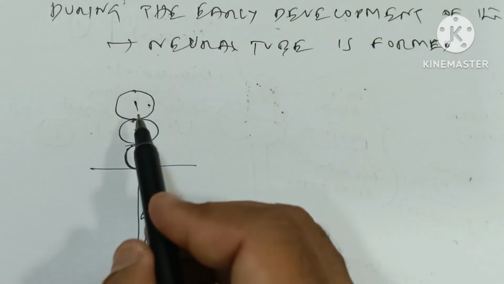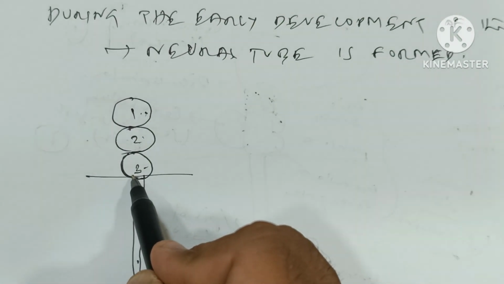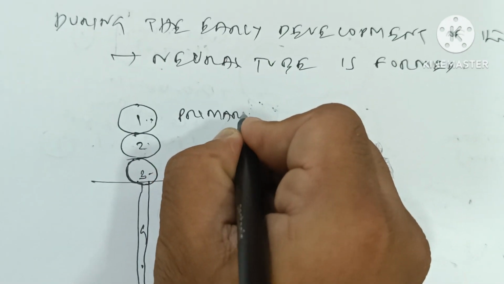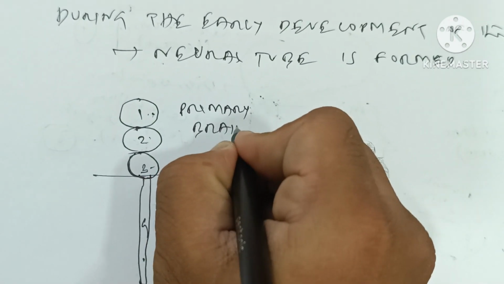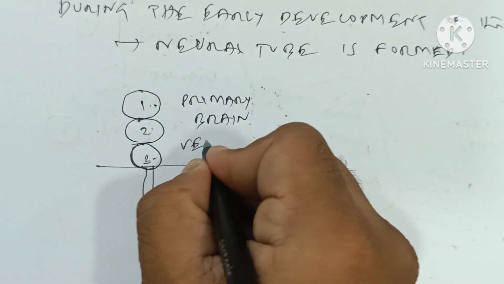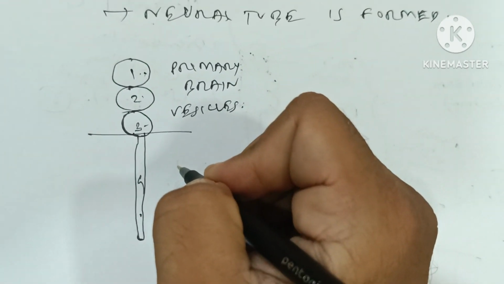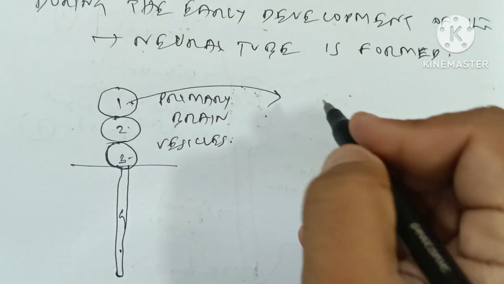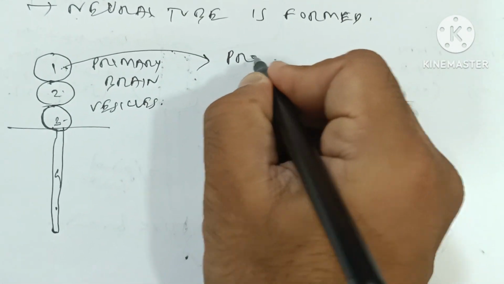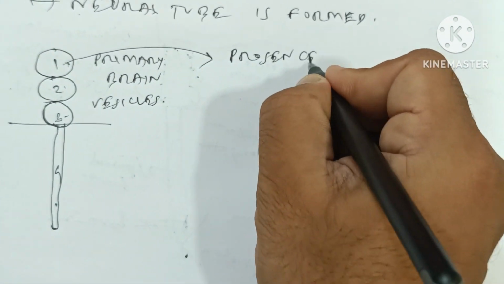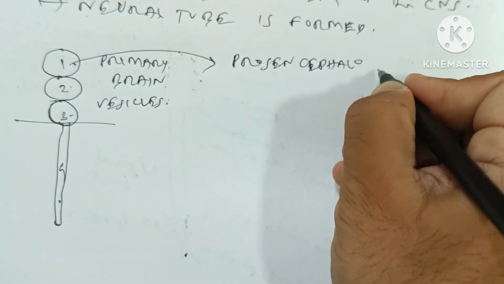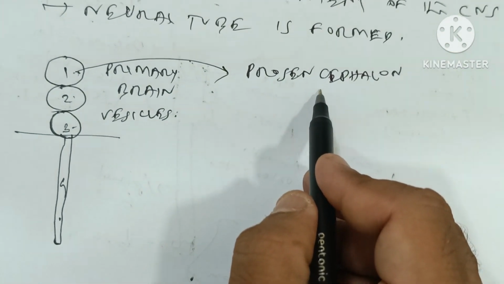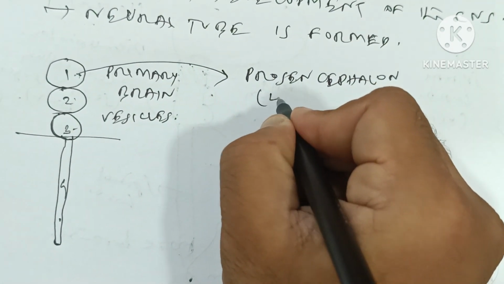These first 3 subdivisions are called the primary brain vesicles. The first primary brain vesicle is called the prosencephalon, and this is the largest region.